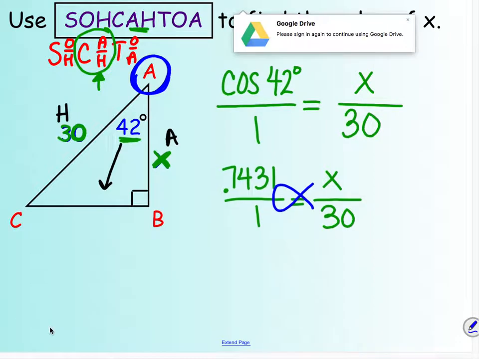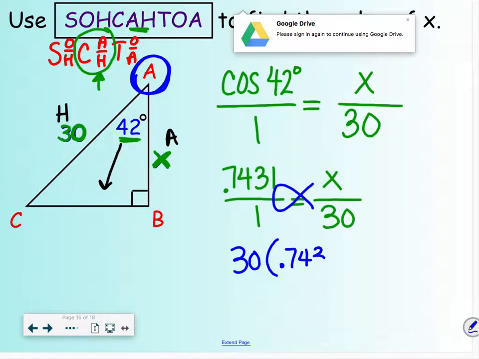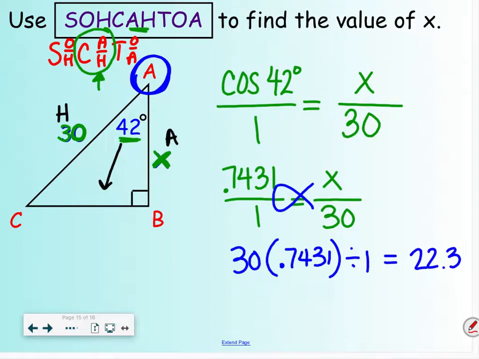So you multiply the 30 times the decimal, and then you divide by 1, and it gives you your answer, 22.3. Round that final answer to the nearest tenth. So cross multiply, butterfly, fish, whatever method you want to call it. I guess I drew the fish method. You could do cross products if you wanted to do the butterfly.